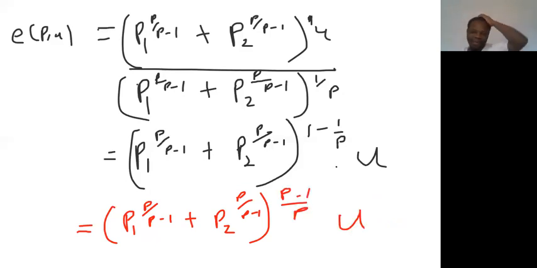Let's simplify this using something to represent phi over phi minus 1.